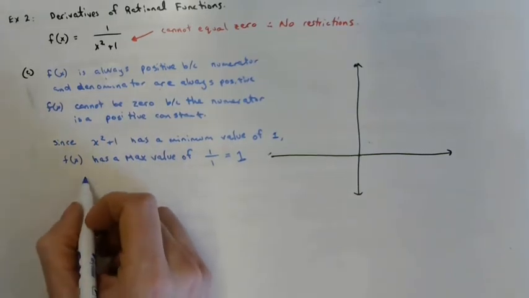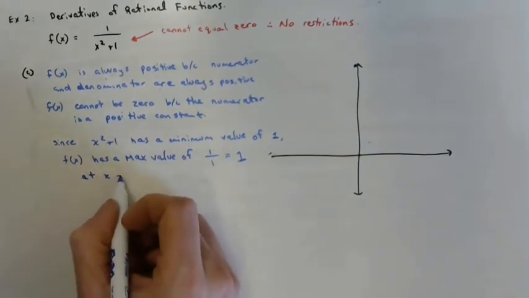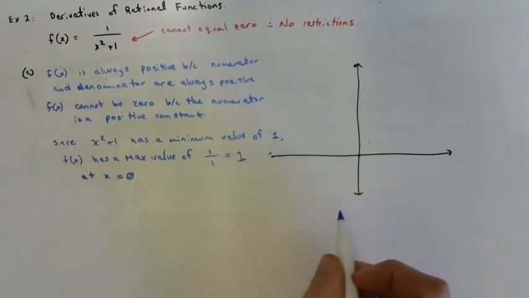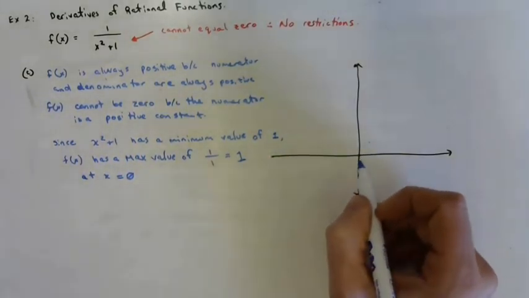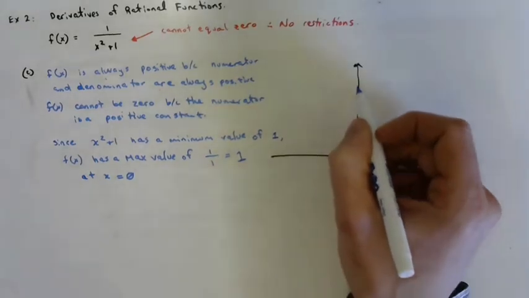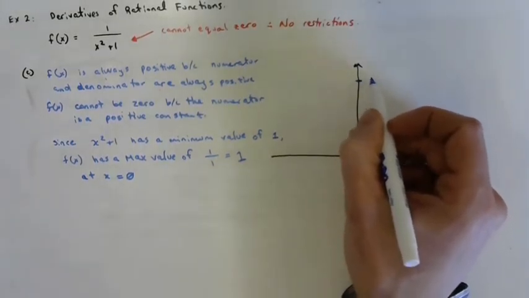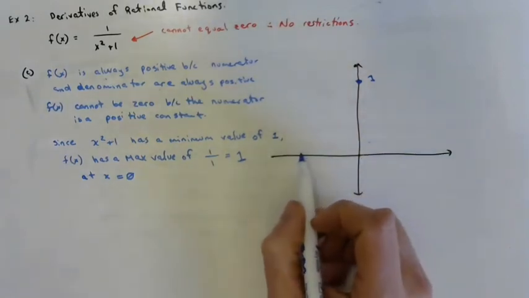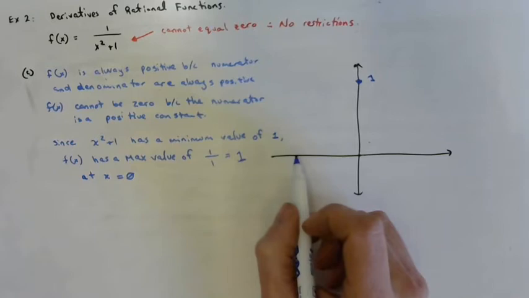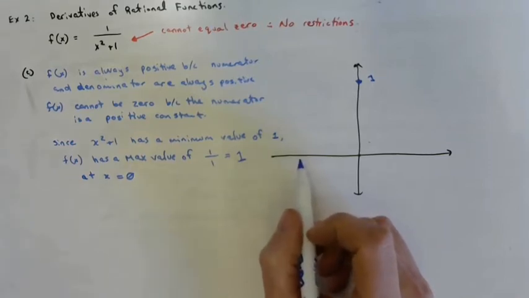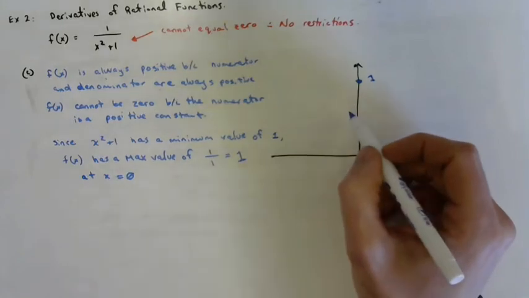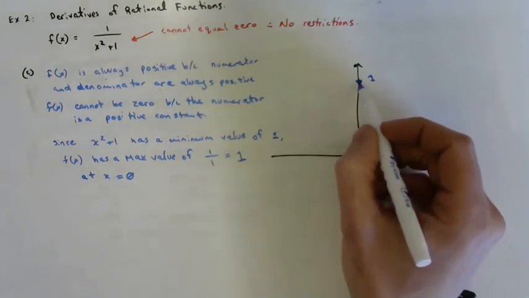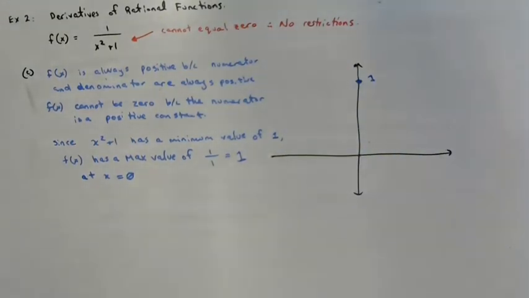That happens at x equals 0. So what do we know? We know that at x equals 0, the maximum value of this thing is 1. And we know that there is a point of inflection at plus or minus the square root of 1/3.